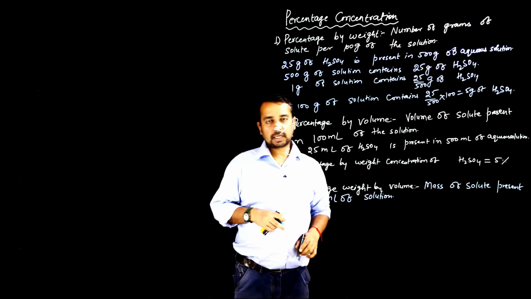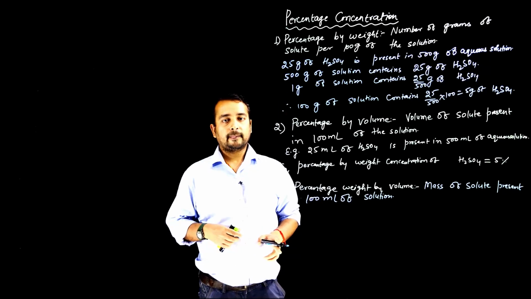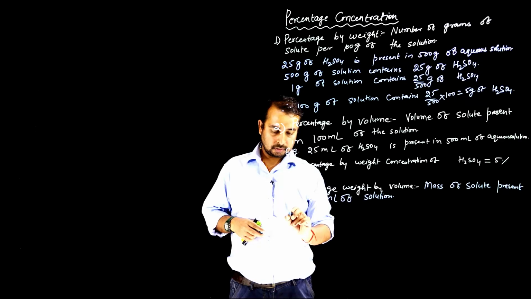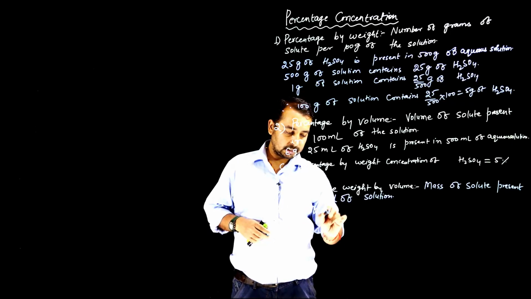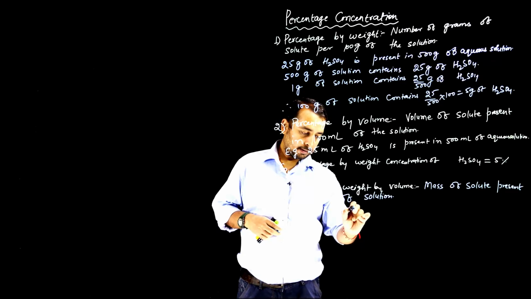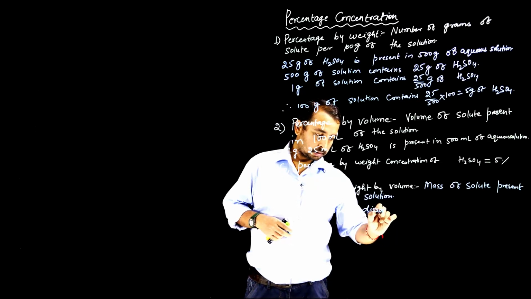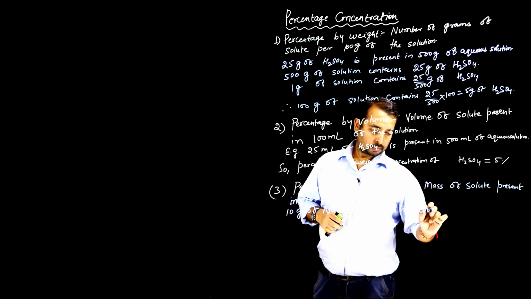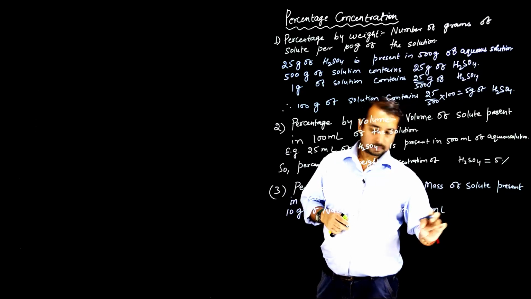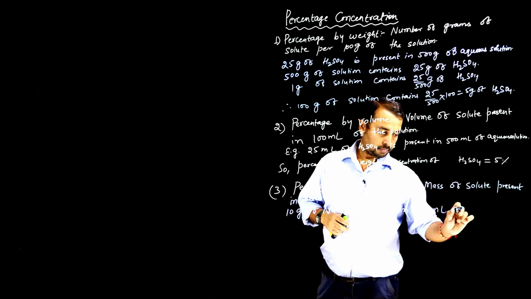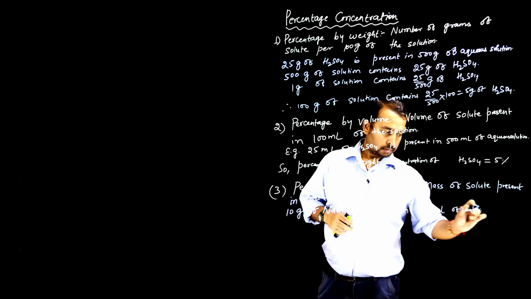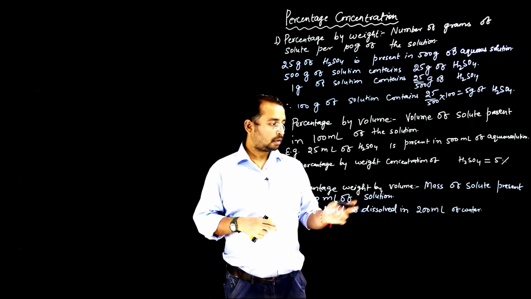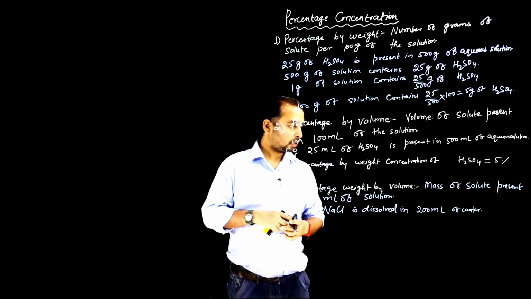For example, if we say 10 grams of NaCl is dissolved in 200 ml of water, the volume of solution will remain the same as the volume of water.